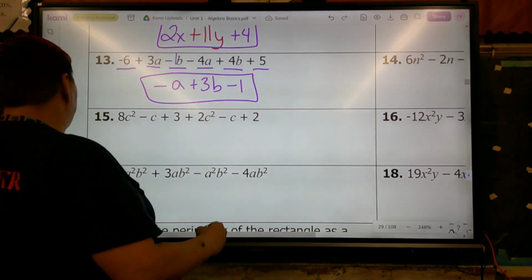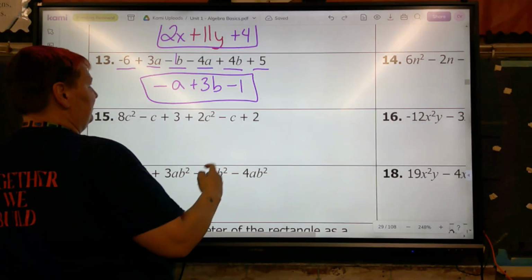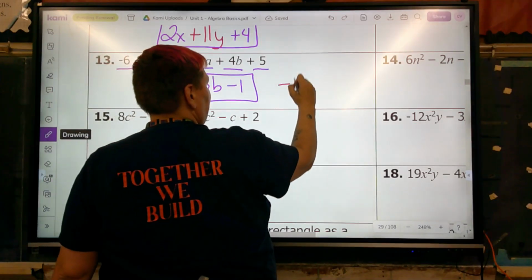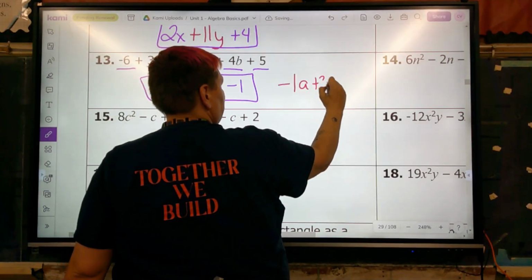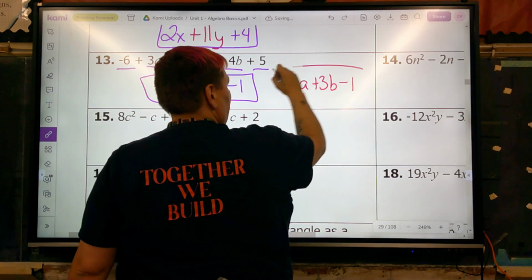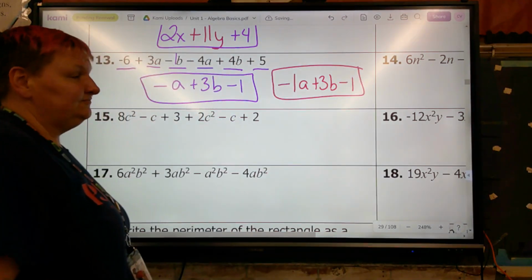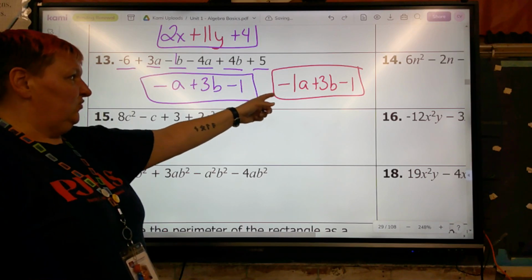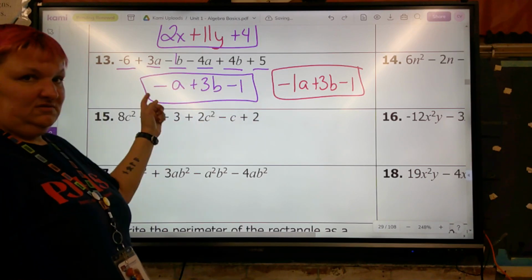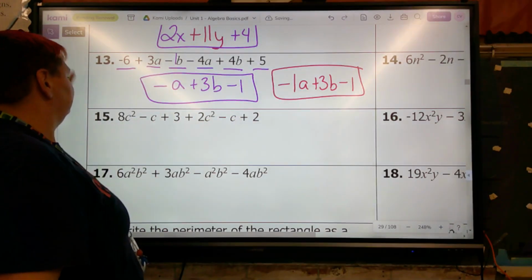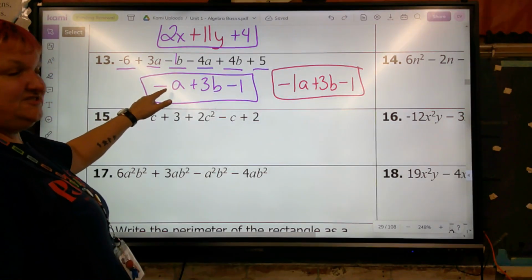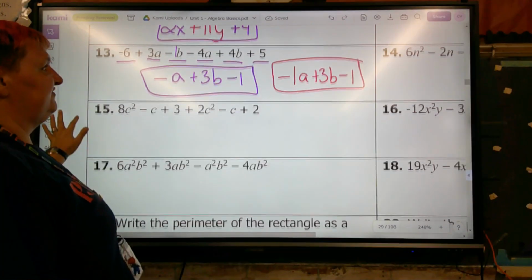Now if you want to write it with the invisible 1, I'm okay with that. If you put negative 1a plus 3b minus 1, it's still right. Either way is fine with me. You're going to see it more like this though, so you need to get used to knowing that there's an invisible 1 there.